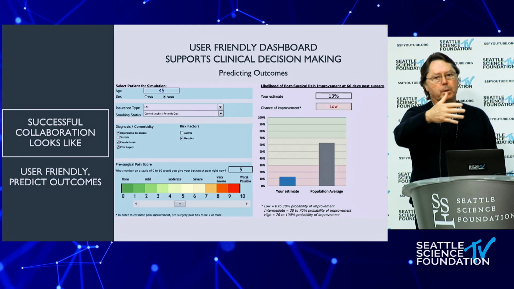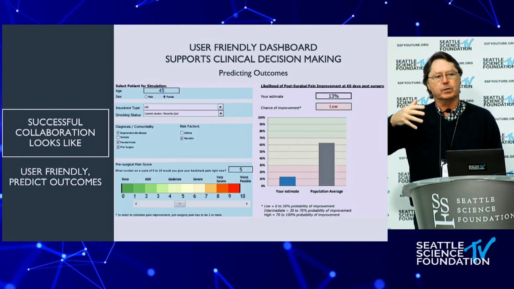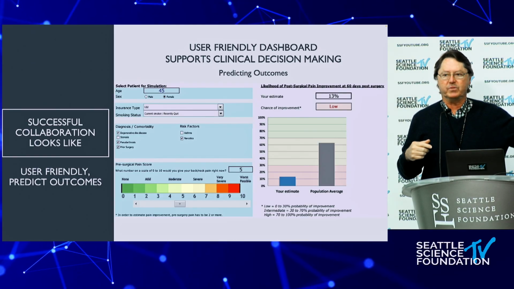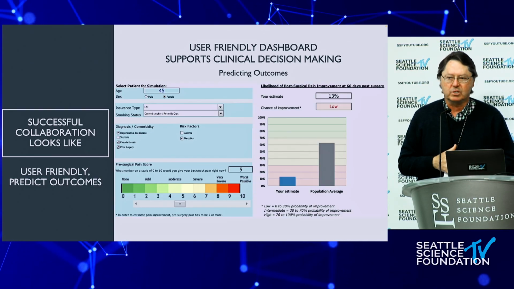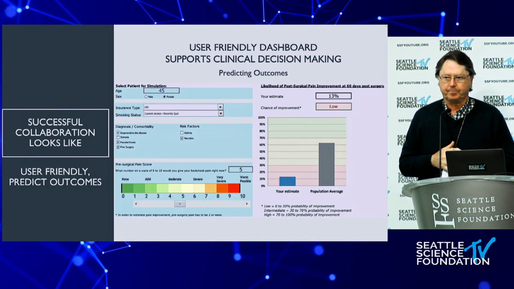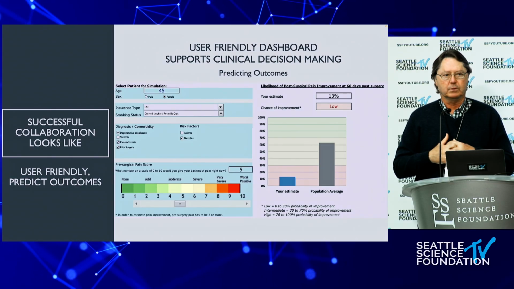And with the force multiplier effect of all of the individuals in this room and previous fellows who have been here years before, you would have thousands of patients. Thousands of patients.